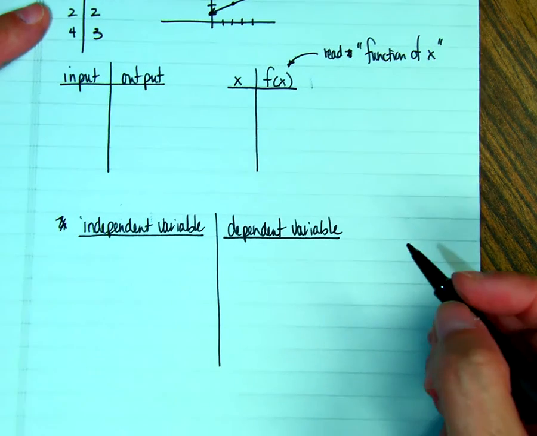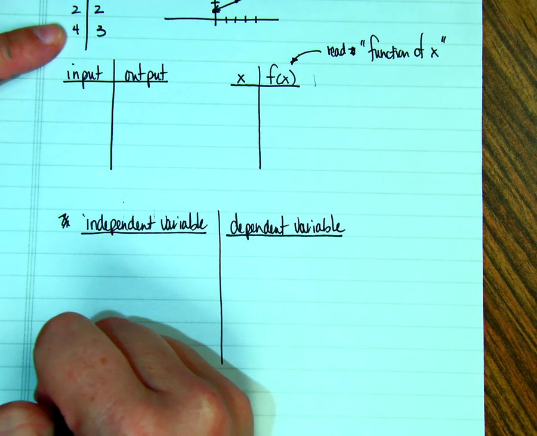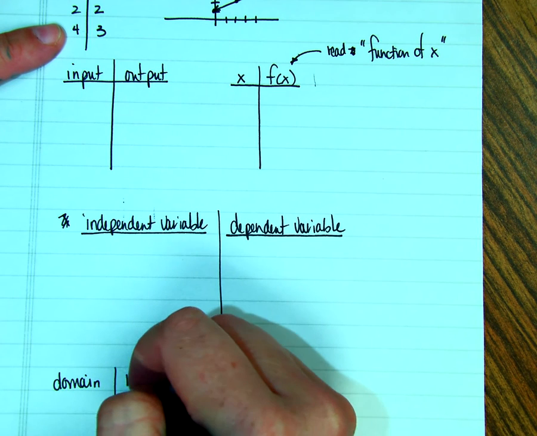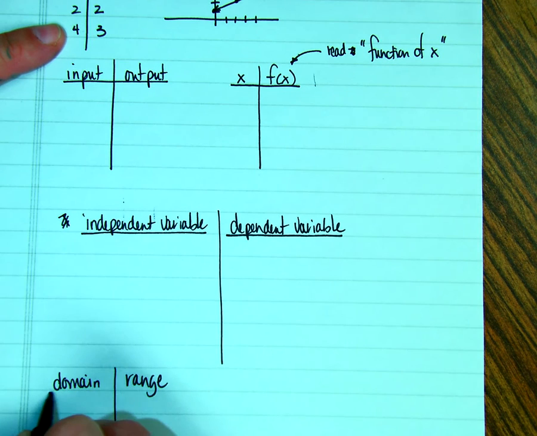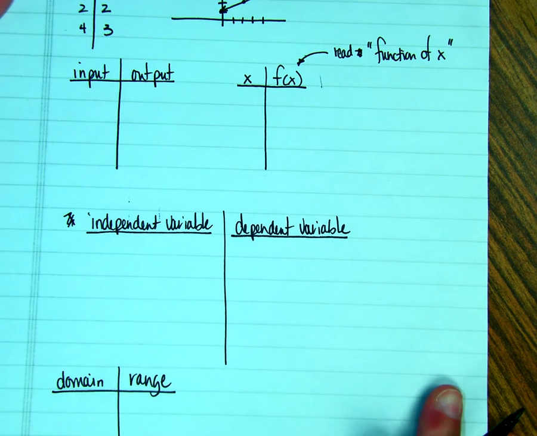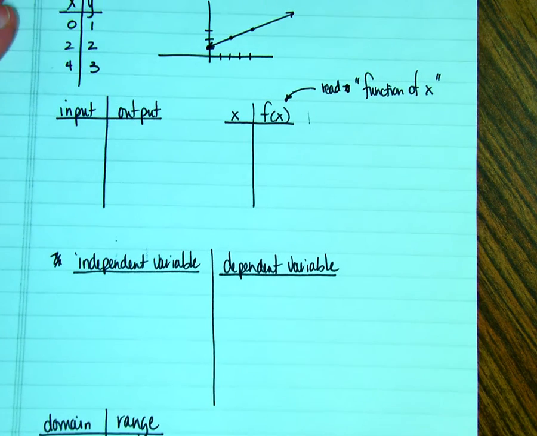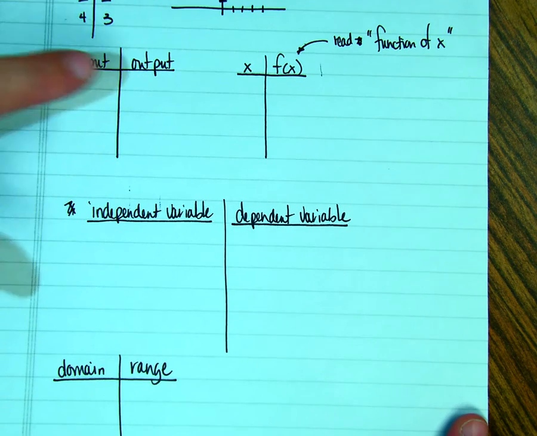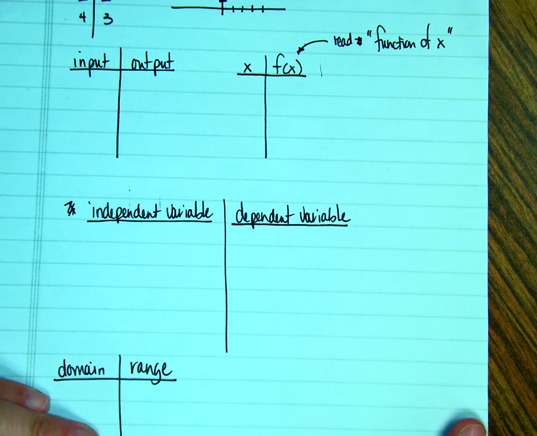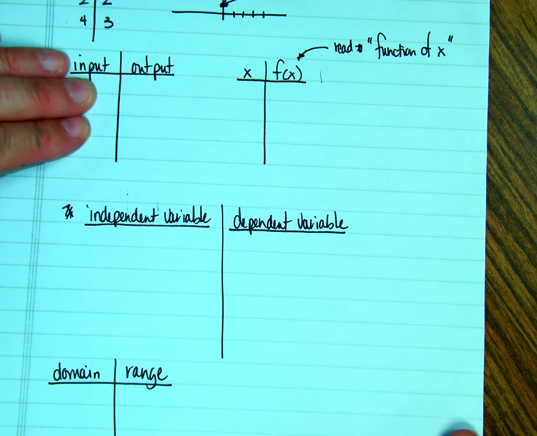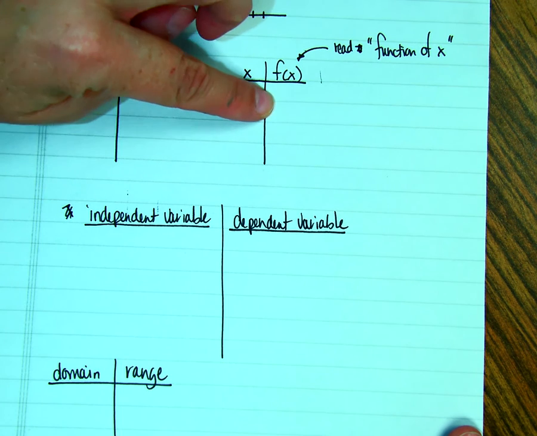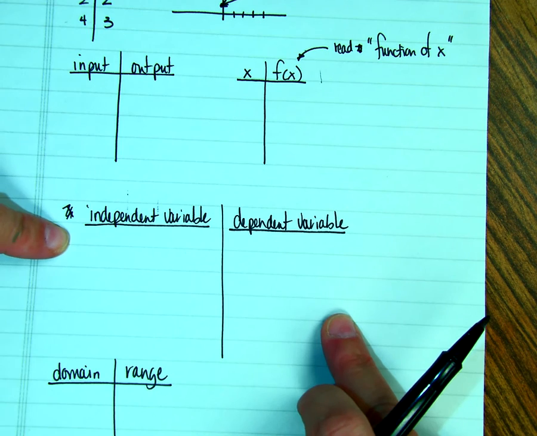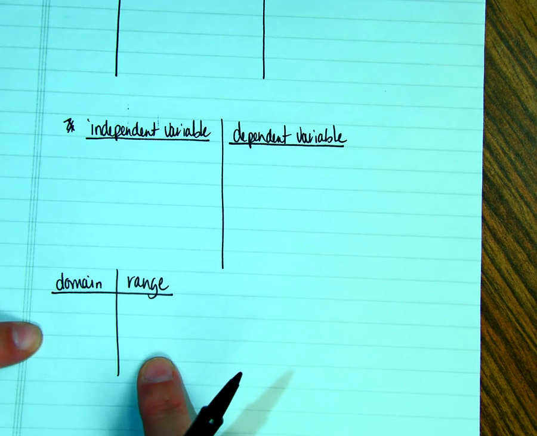And you might even see it another way, the domain and range. Okay, so besides x and y, which we have seen before, there are 4 other ways of doing the same exact thing, just depending on how you are looking at it. So we have an input-output table, we have an x and an f of x, or a function of x table, an independent versus dependent variable table, or a domain and range table.